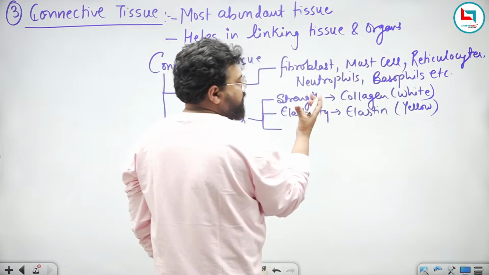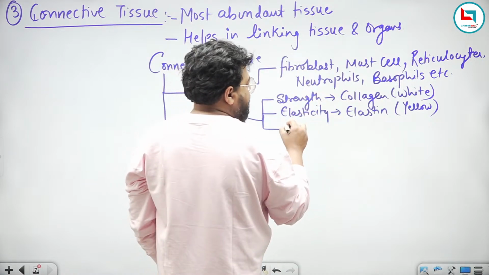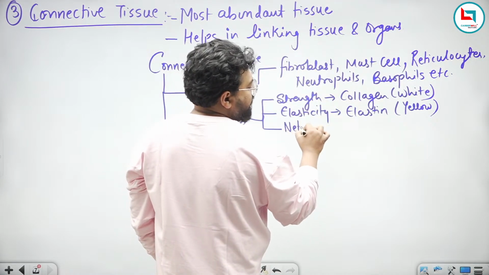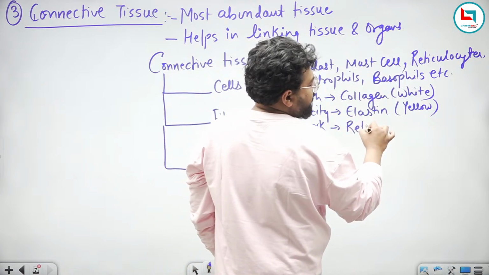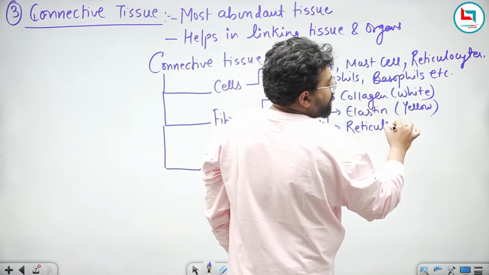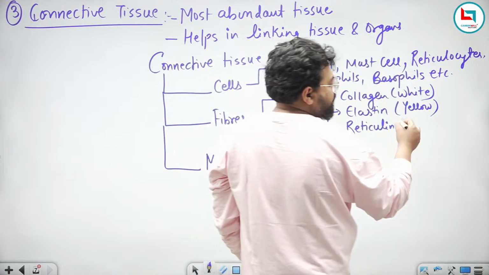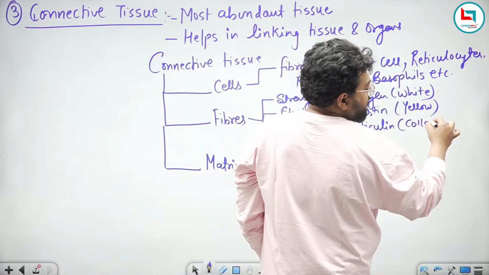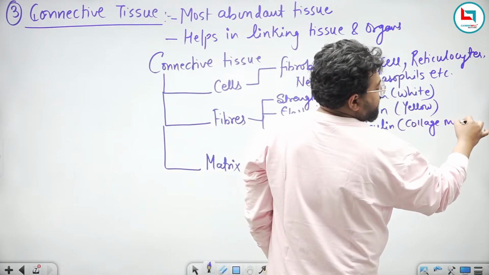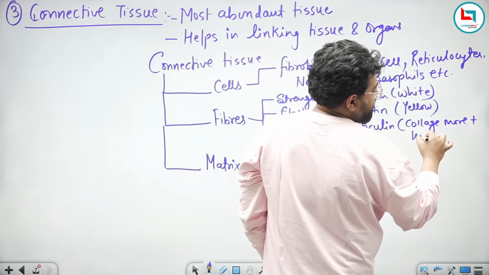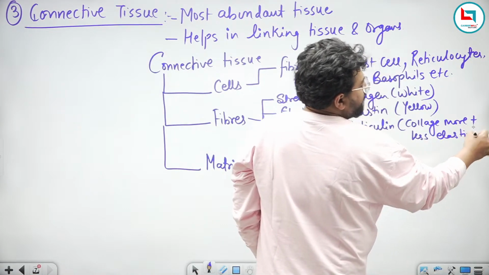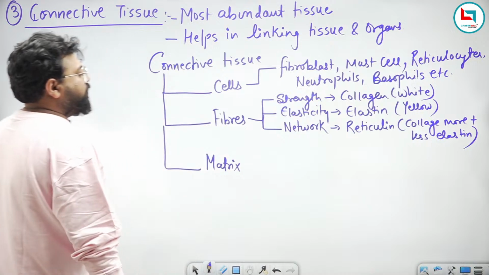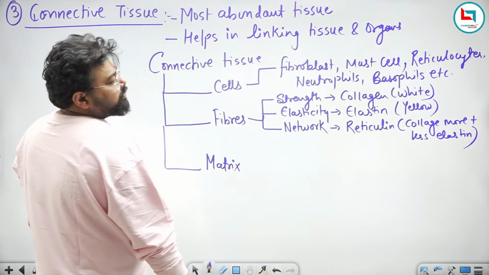And third is the mixture of both, which provides a network, that is reticulin. Reticulin means network. It is a mixture of more collagen plus less elastin. So these are the three different types of fiber.